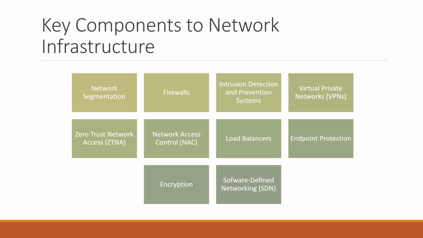And remember, we have a couple different data states, including data at rest, data in transit, and data in use. And we do like to use encryption, at least for data at rest and data in transit, to ensure that it's protected in integrity before it gets to its final location. And then we've got our software-defined networking, which is a newer model that allows us to control our network through software rather than through hardware-based configurations.